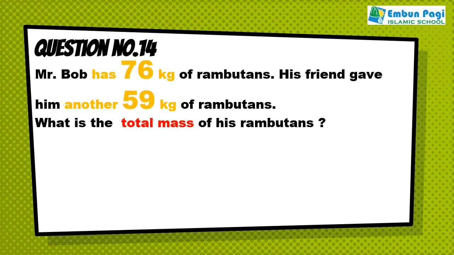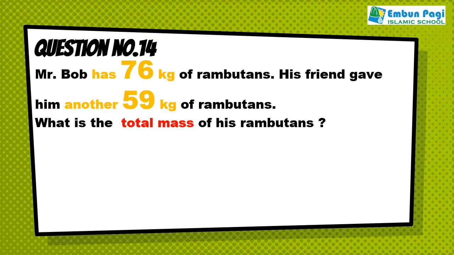Question number 14. Mr. Bob has 76 kilograms of rambutans. His friend gave him another 59 kilograms of rambutans. What is the total mass of his rambutans? This question is about addition because at first Mr. Bob has 76 kilograms of rambutans and his friend gave him another 59 kilograms of rambutans.